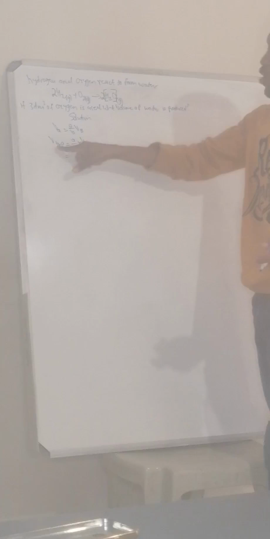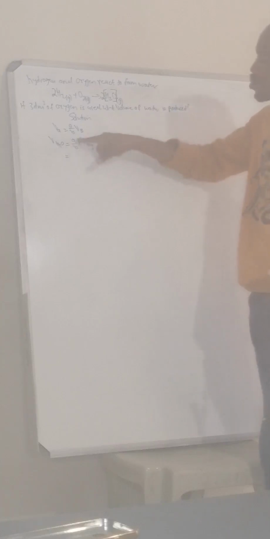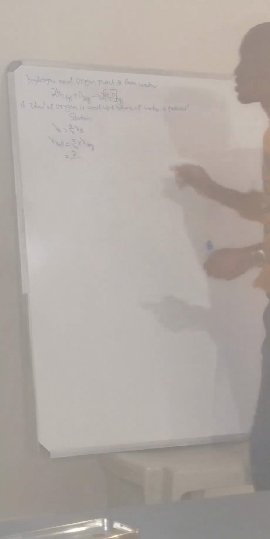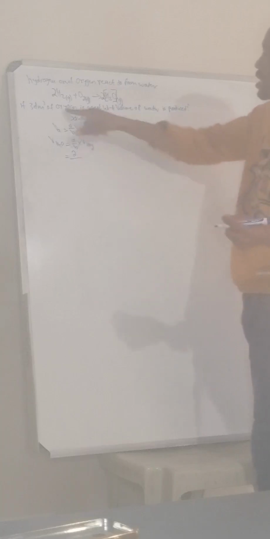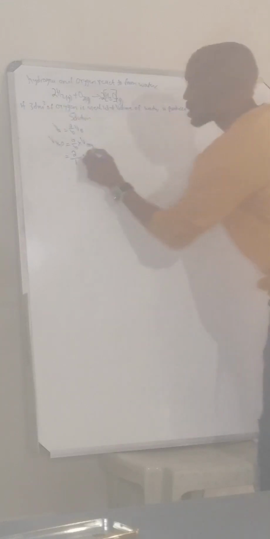Right, then we take the stoichiometric coefficient of A, representing the volume of H2O. The stoichiometric coefficient of H2O is 2. Divide by the stoichiometric coefficient of B, representing oxygen, which is 1. Multiply by the volume of oxygen, which is 3.